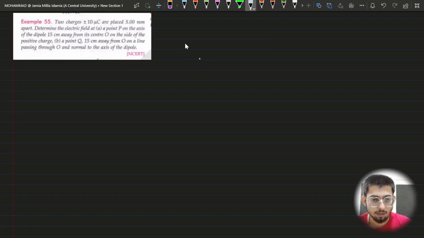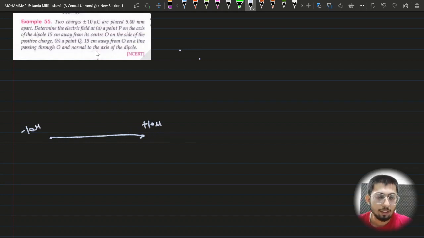That means they constitute a dipole, isn't it? Determine the electric field first at a point P on the axis of the dipole, 15 centimeter away from the center O, on the side of the positive charge. So let's say this is the point P, which is 15 centimeter away from the center.